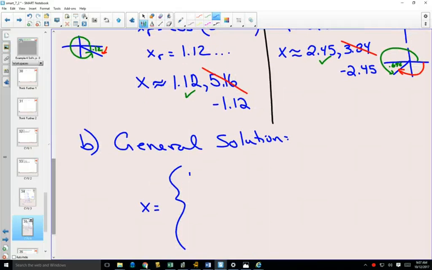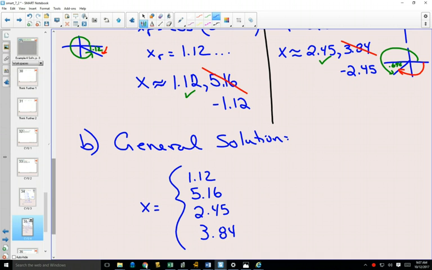So I had 1.12, I had 5.16, 2.45, and 3.84. And it doesn't matter that I didn't write them in numerical order. Probably in fancy textbooks, if they were doing the final publication, they would probably put them in numerical order, but they're not going to worry about that.